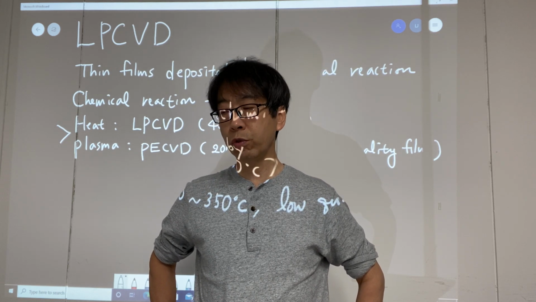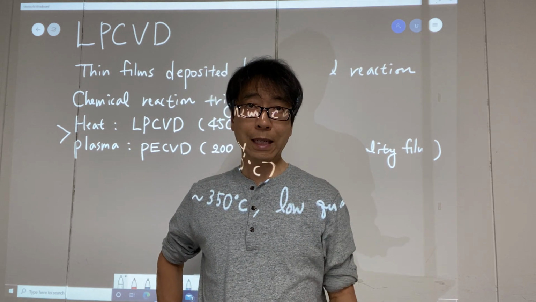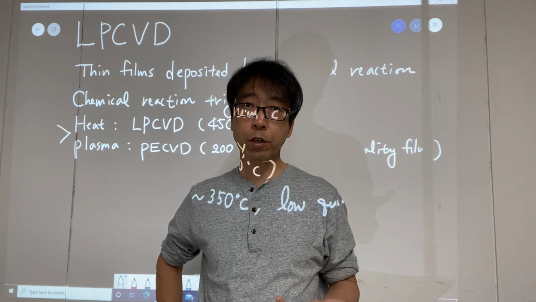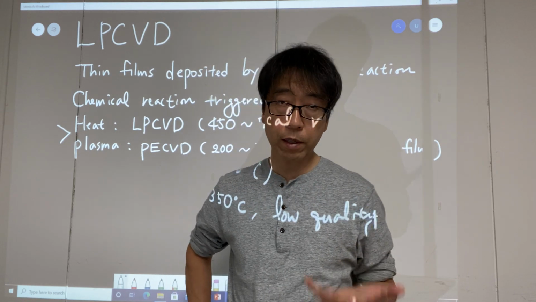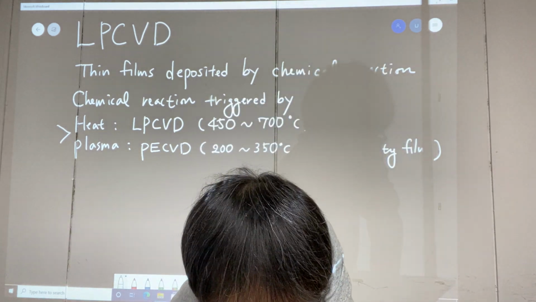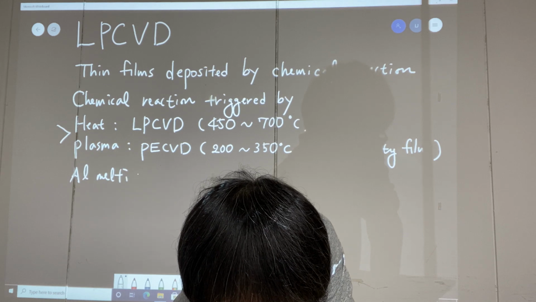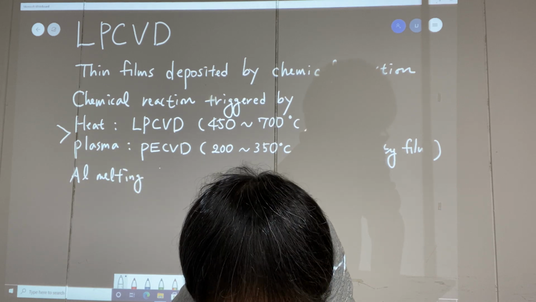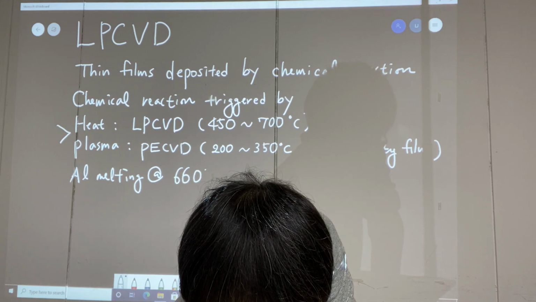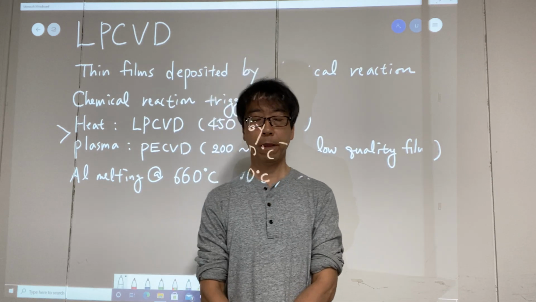And you don't want to melt the aluminum which already exists on the wafer by putting your wafer into a high temperature furnace or high temperature equipment. Aluminum, the melting temperature is 660 degrees Celsius. That's very important, right?